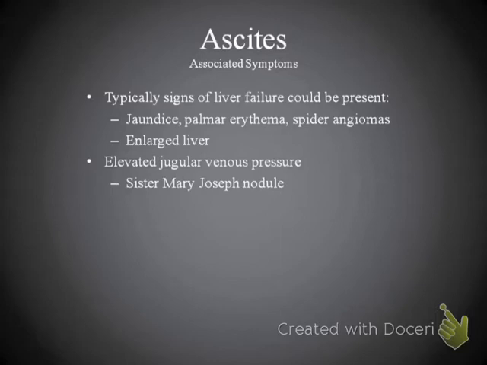The Sister Mary Joseph nodule is a bulging in the umbilicus from a palpable nodule, and it's usually associated with metastatic disease in the abdomen or pelvis. However, as we saw, neoplasm ascites can cause this, so you would look for it there.